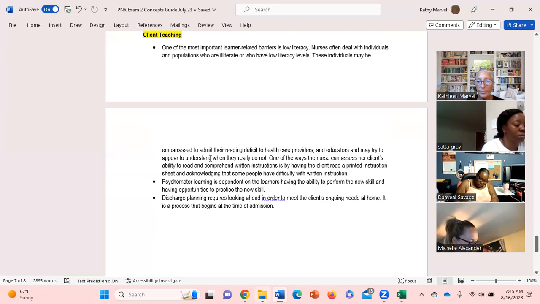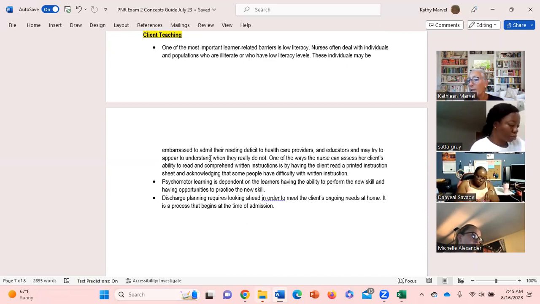Okay. One way that we can assess the ability to read and comprehend is by giving them a printed instruction and asking them to read it and making sure they acknowledge it. And then we have 3 domains of learning. Okay. We have psychomotor, affective, and cognitive.